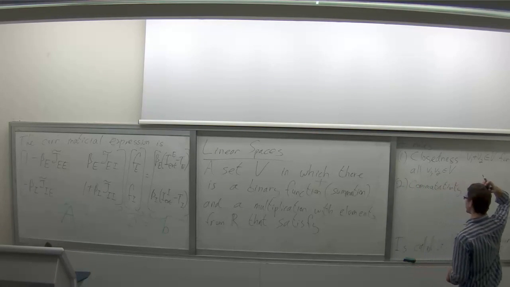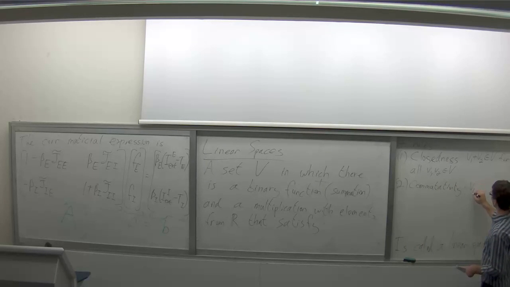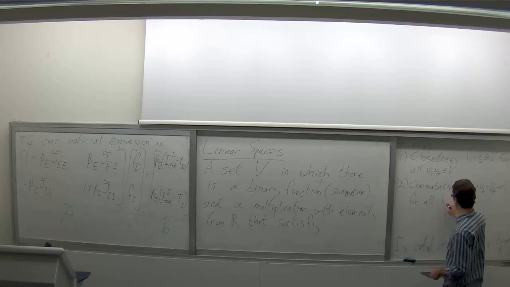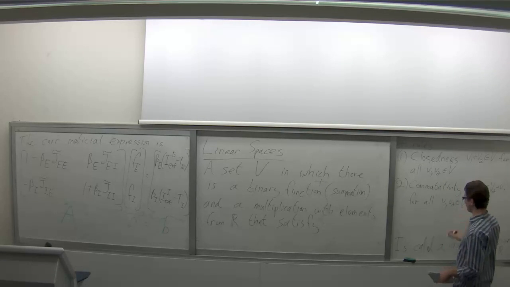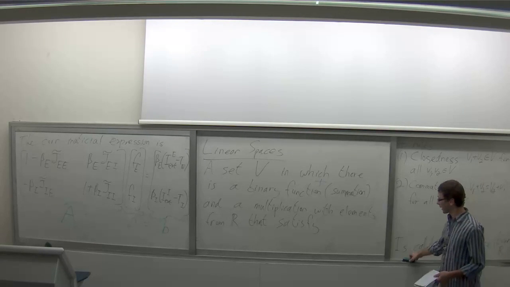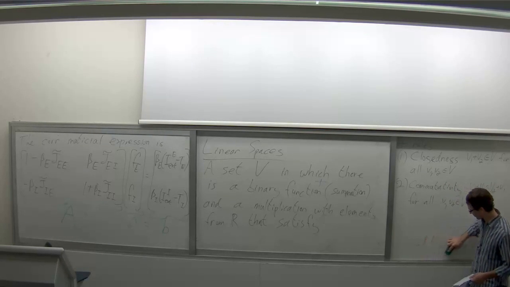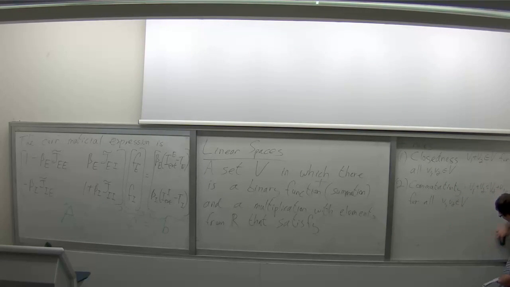It has to be commutative. V1 plus V2 equals V2 plus V1 for all V1, V2 in V. Okay, so in the end we're going to have a lot of rules. Not 3.